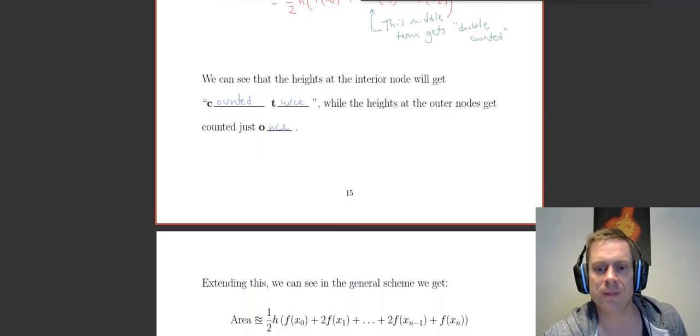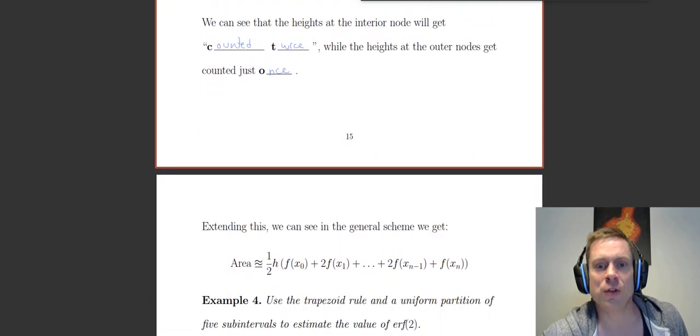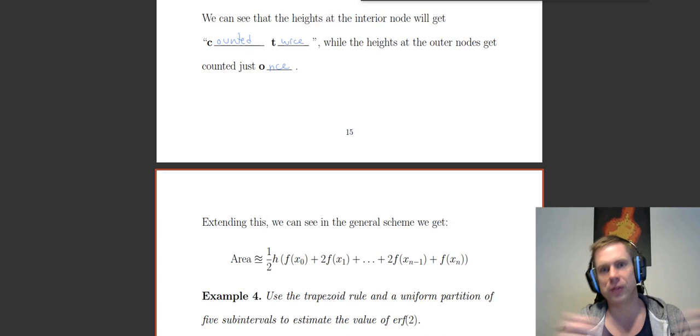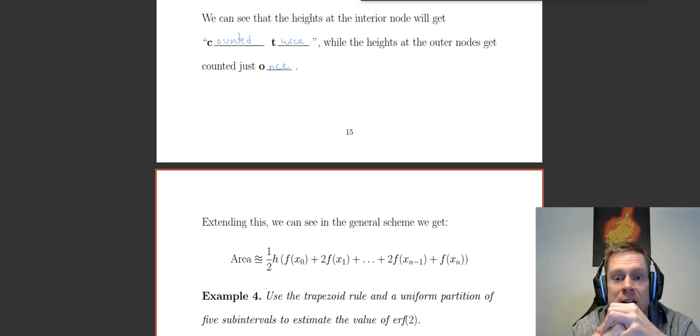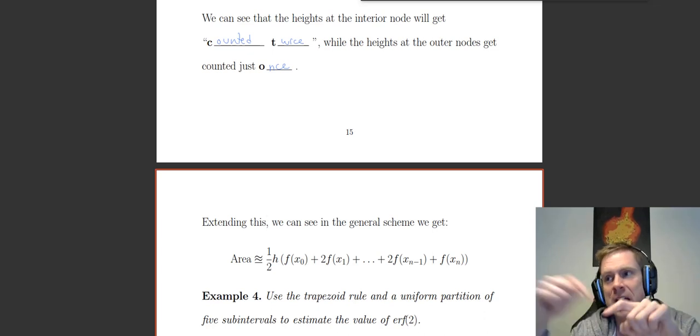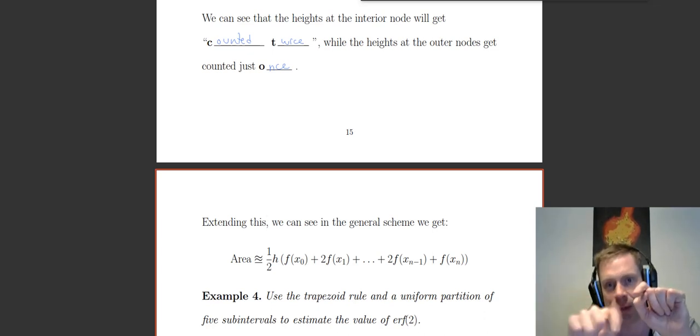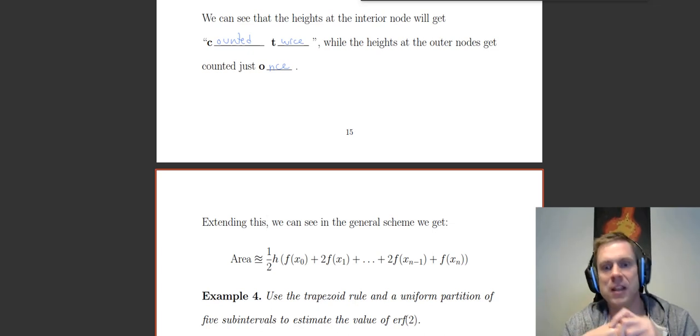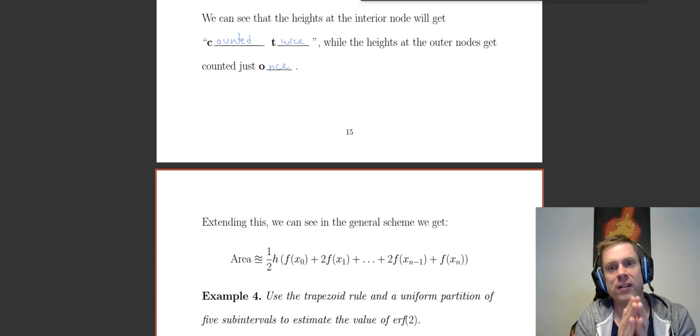Indeed, suppose you did 4 trapezoids and you had 5 points if you include both boundaries of the domain. Then all 3 of the interior nodes would get double counted. And in general, if you have n, the only ones that get counted once are the outside endpoints, the a and the b, or the x0 and the xn.